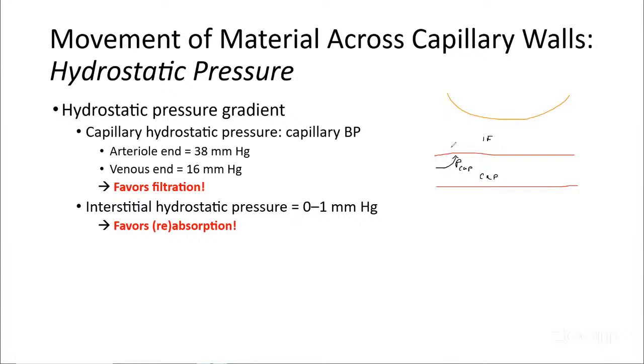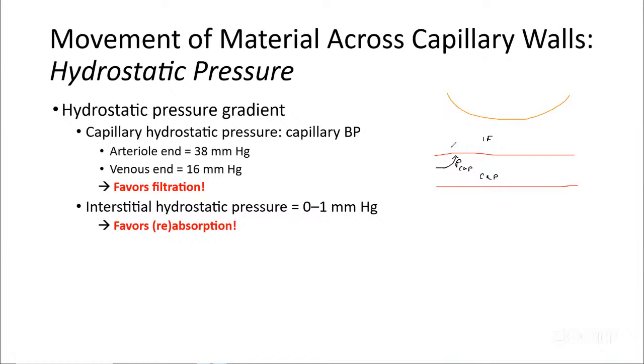Now it happens to be stronger at the arterial end than it is at the venous end. This is because we actually are, on the whole, going to be filtering some fluid out of the capillary and towards the tissue, right? So as we're losing some of this fluid moving towards the veins, we have a little bit less of a push as we get to the venular end.